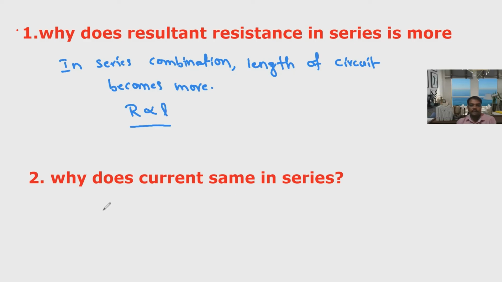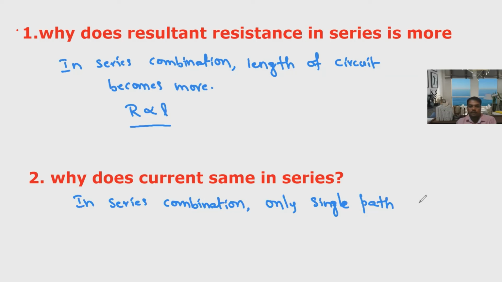Next, why is the current the same in series? In series combination, there is only a single path for the charge flow.